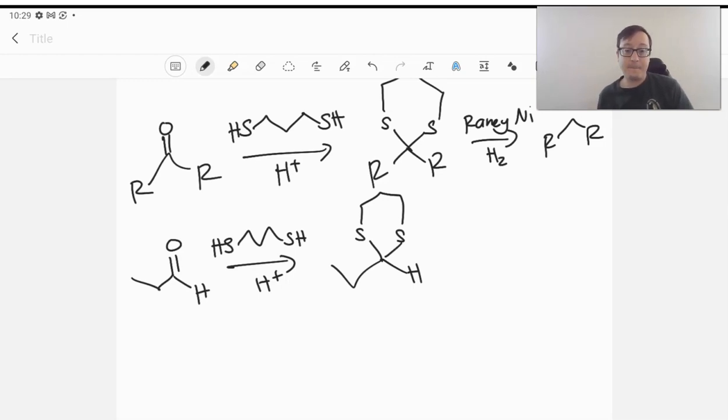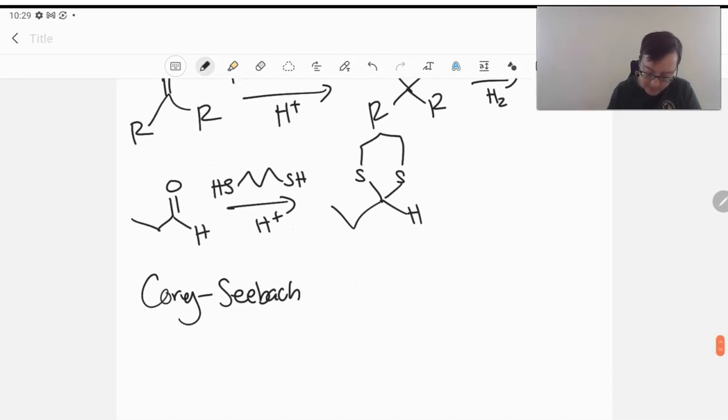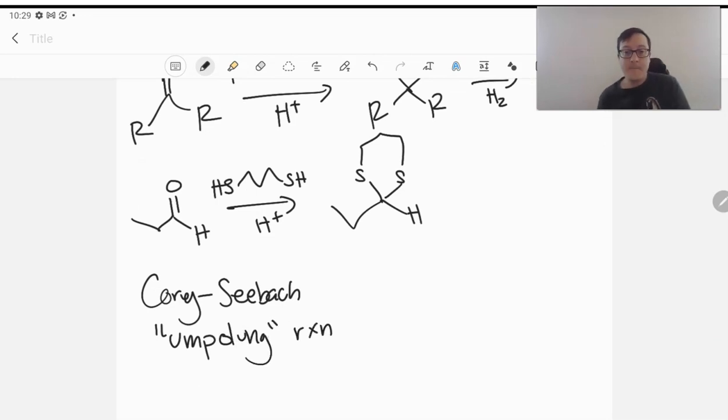It turns out, what a fascinating reaction. This is called the Seebach umpolung reaction. Umpolung means kind of like inverse. And we'll see what we mean with that.